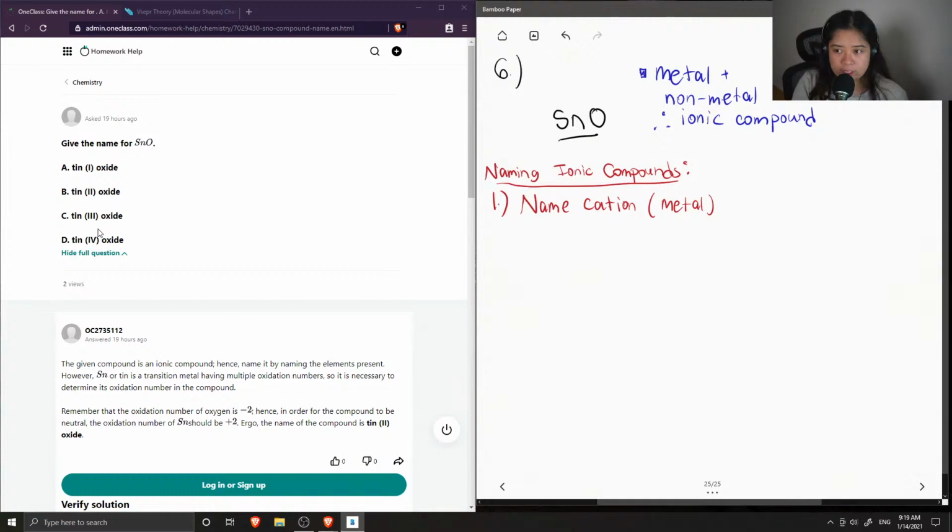So you would just say the metal's name, or if it was a positively charged polyatomic ion such as ammonium, then you would just name the cation. And then secondly, you name the anion, which, as you can guess, is the nonmetal.